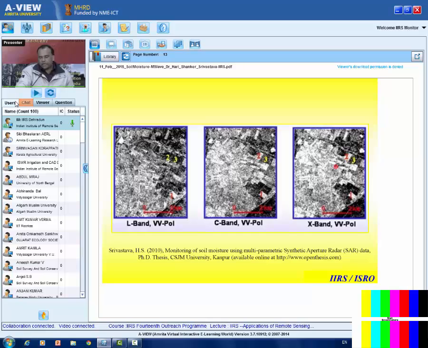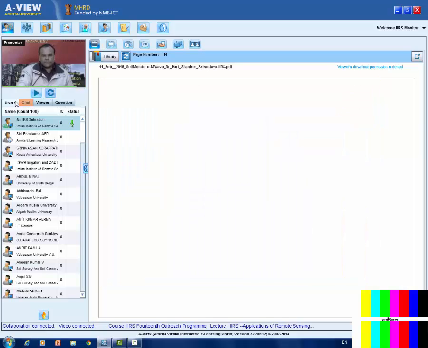So what I wanted to emphasize is that field 1 represents a very rough field, field 3 represents a very smooth field, and field 2 represents a medium rough field. What does it mean? It means that if we use multi-frequency data, then we can categorize surface roughness. Okay?